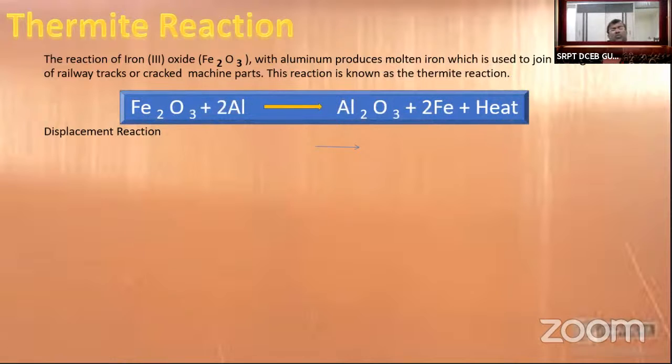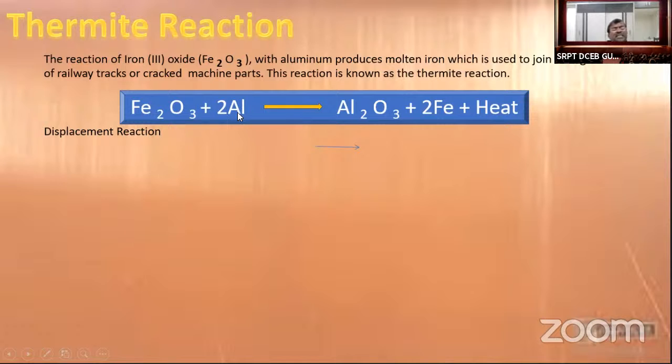When these two are mixed up, they have to be ignited. The chemical reaction is endothermic at first. A small amount of heat, about 900 degrees Celsius, is required to start this reaction. The reaction is between iron oxide and aluminum. Iron oxide is an ore of iron, which is a moderately reactive metal.